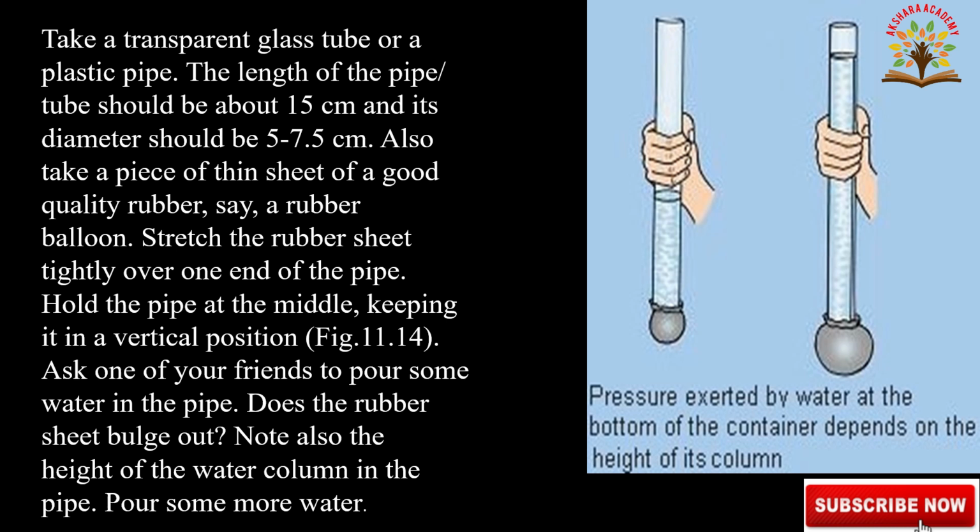Now what we are doing? Take a transparent glass tube or a plastic pipe, 15 centimeters long, with a diameter between 5 to 7.5 centimeters. Take a good quality rubber sheet, or say a rubber balloon. Stretch the rubber sheet tightly over one end of the pipe.